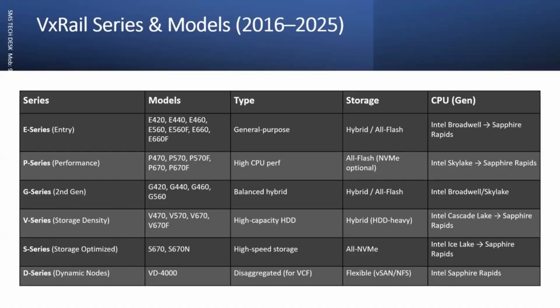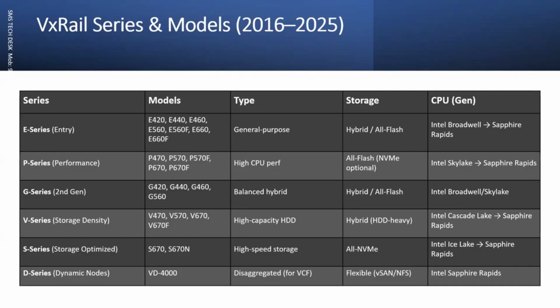From the VxRail version perspective, starting from 3.0, the latest versions used in the market are 7 and 8. From the appliance perspective, we have the E series, which is entry level servers.